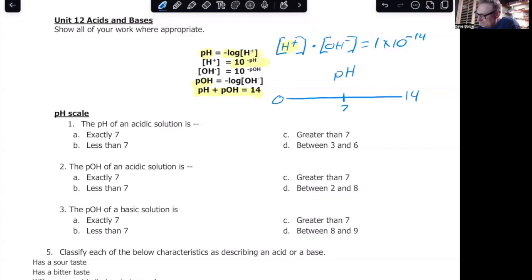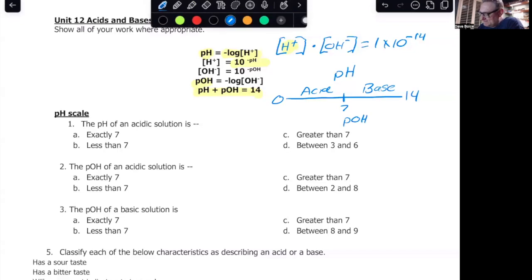For pH, below 7 is an acid, and above 7 is a base. Now for pOH, it's going to be the exact opposite. In fact, let's go ahead and change colors. So for pOH, it's going to be base and acid. So you either need to keep this in mind or convert your pOHs to pHs, whatever.